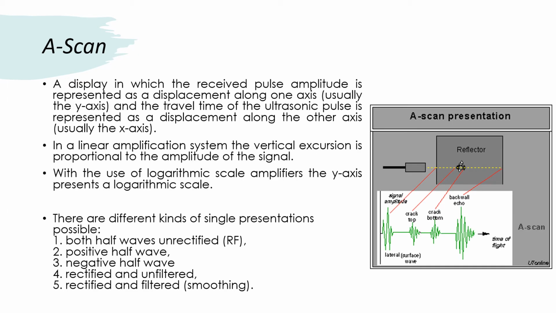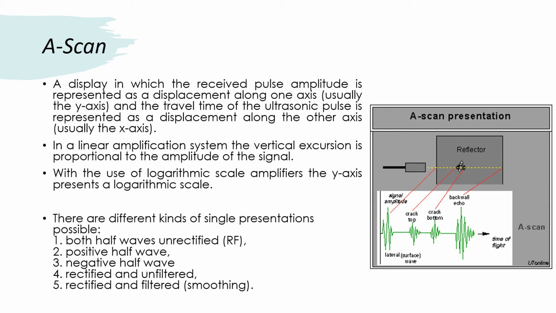A scan: a display in which the received pulse amplitude is represented as a displacement along one axis, usually the y-axis, and the travel time of the ultrasonic pulse is represented as a displacement along the other axis, usually the x-axis.